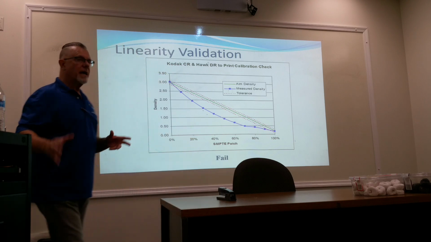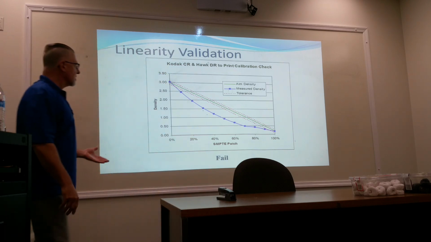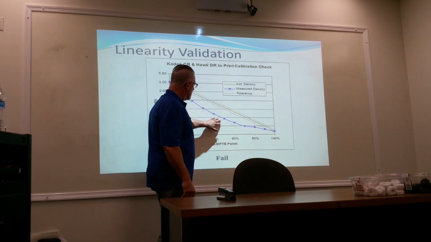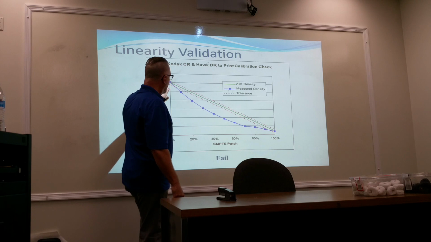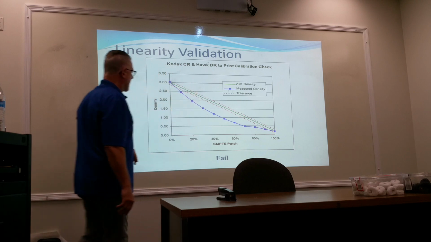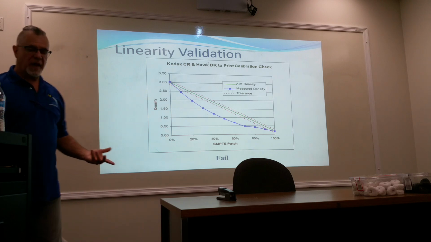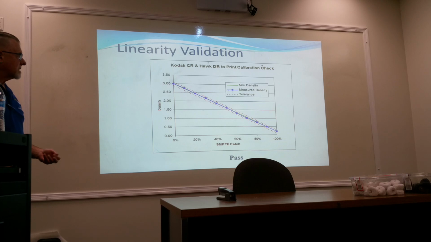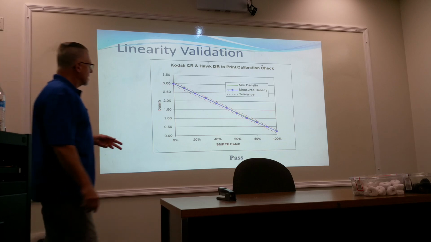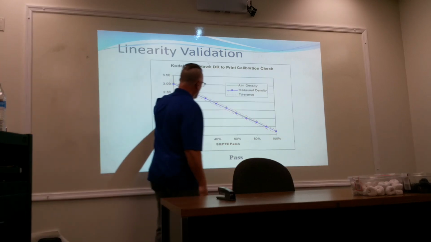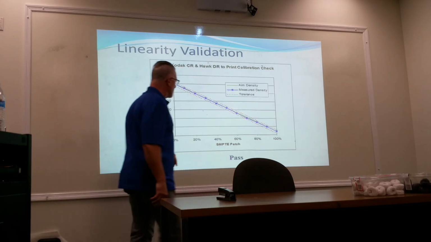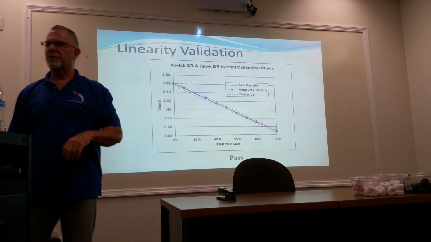There is no S-shaped curve, there's no H&D curve, it is a linear plot. So the measured density is in blue, and your aim point, which is in green, and then you've got your error bars of what you allow. This is obviously a system that failed, had to be recalibrated, retested, and it came in basically right on the nose, except for slight off here and slight off here, probably only off by about 1% or 2.